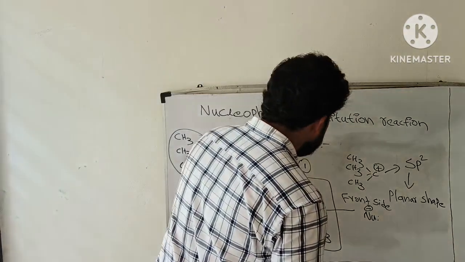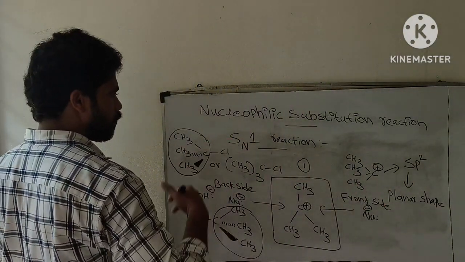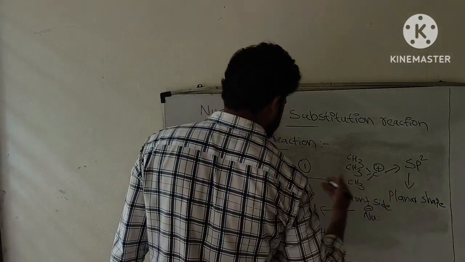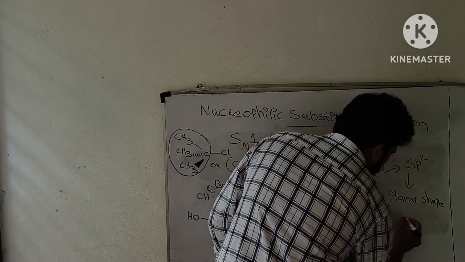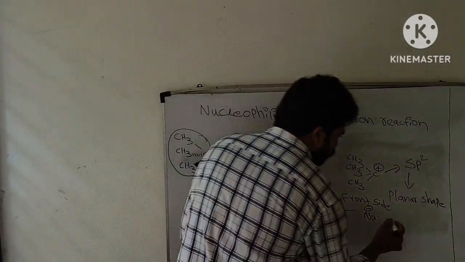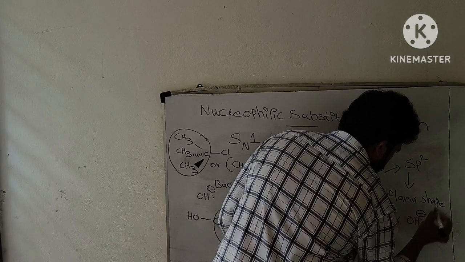Once the nucleophile is attacking towards the front side, what will happen? You will get a product. In this case also we are selecting the nucleophile as OH minus ion.